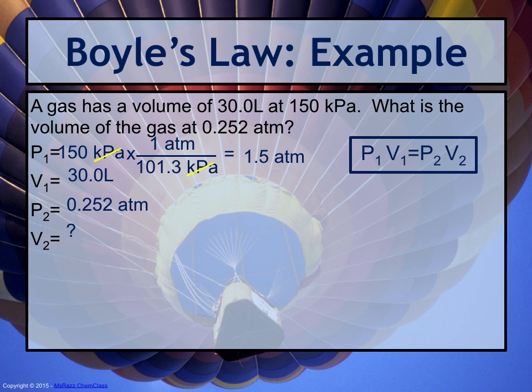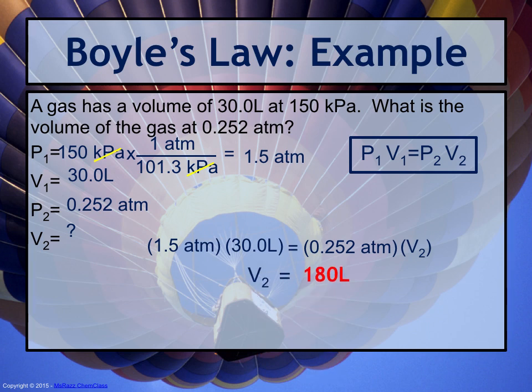Now we have everything we need to plug into this equation. We have 1.5 ATMs at a volume of 30 liters will be equal to 0.252 ATMs at what volume? So we will simplify and solve for V2, and we will get 180 liters.